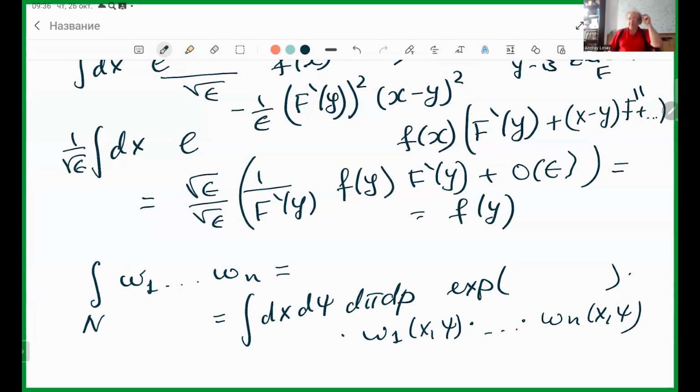And now look, I'm going to read this formula backwards.